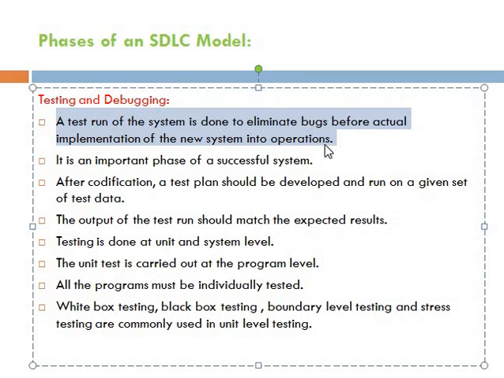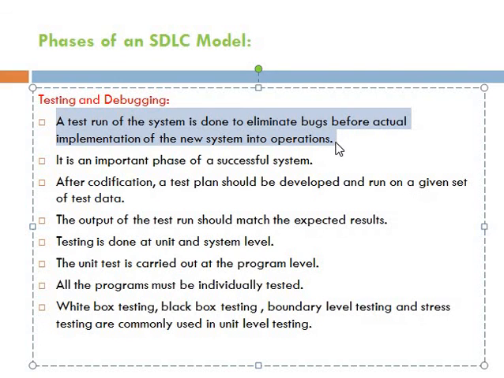So in this testing and debugging phase, a test run of the system is done to eliminate bugs or errors before actual implementation of the new system is put to operations. That means before the software application is being implemented and put into operations, it is necessary to test that system and to eliminate any bugs or errors if there exist in that system.